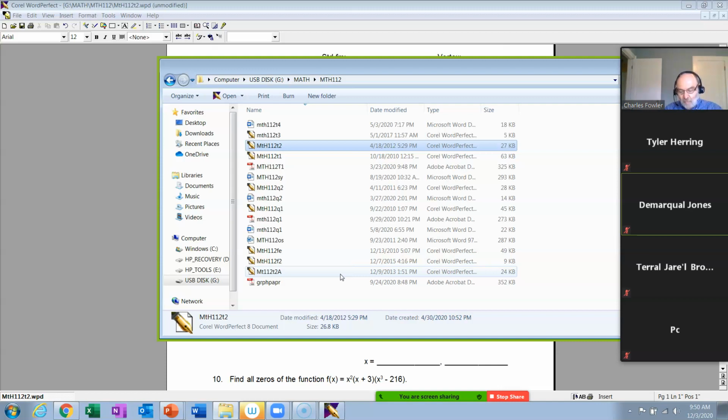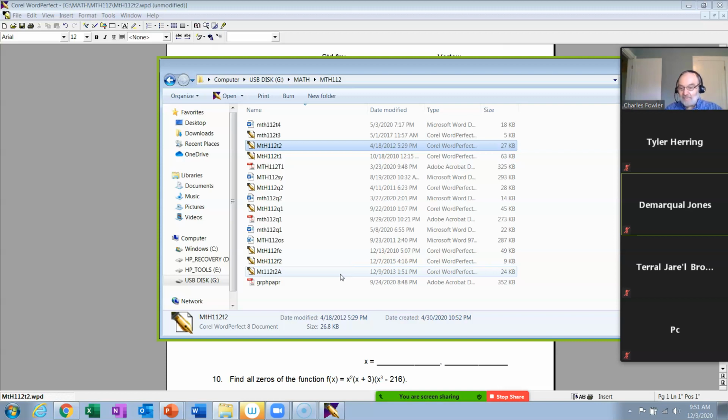And if you want to try 9 and 10, you can. If you get them right, they're bonus. If you get them wrong, they don't hurt you. If you leave them blank, they don't hurt you. I'm only going to grade 1 through 8, unless you get 9 or 10 right, then they're bonus points for you. But I won't be grading 9 or 10 if you get them wrong or leave them blank.